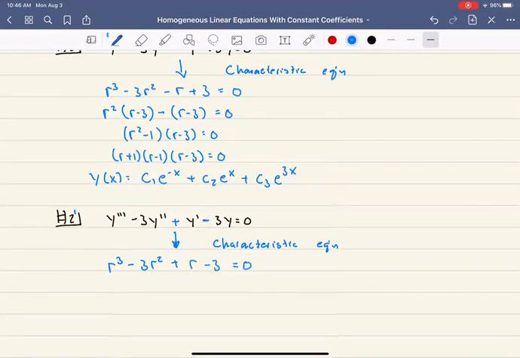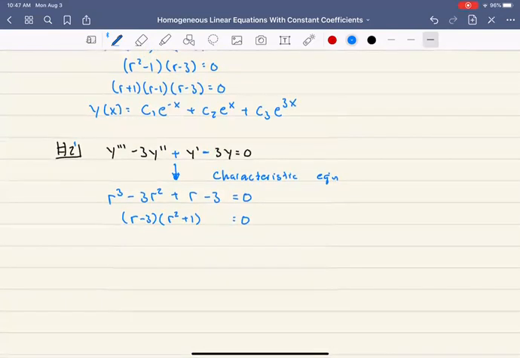Now this is still easy to factor, but now it becomes r minus 3 times r squared plus 1 equals 0. So we're going to have complex roots here, actually just purely imaginary roots. So let me write it as r minus 3, r plus i, r minus i equals 0.